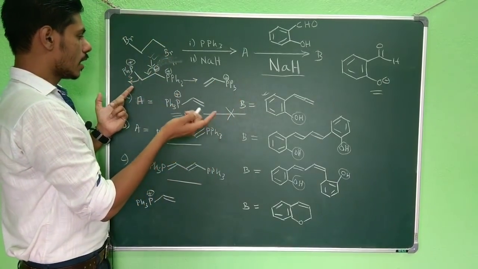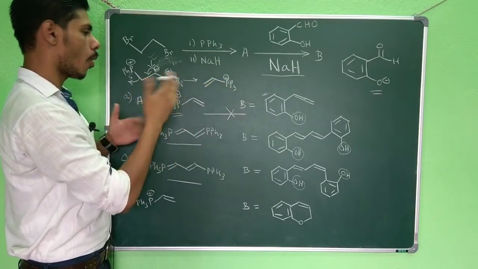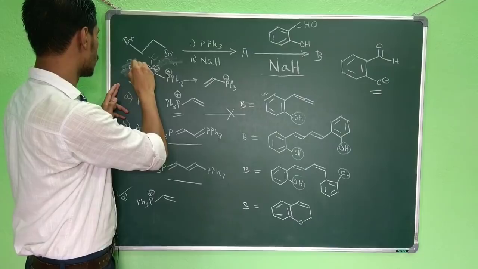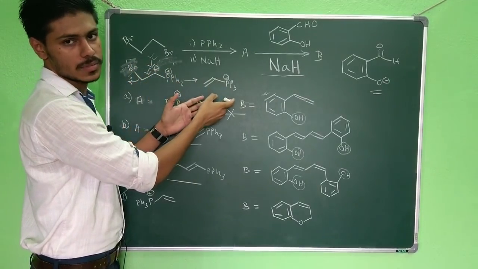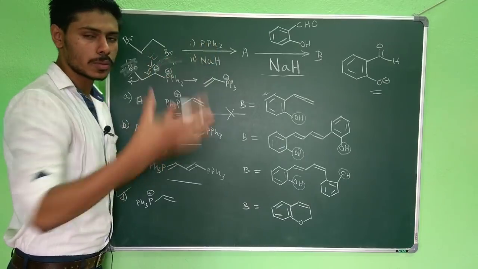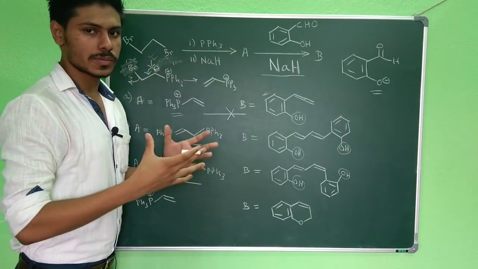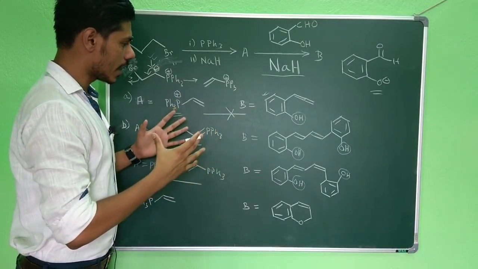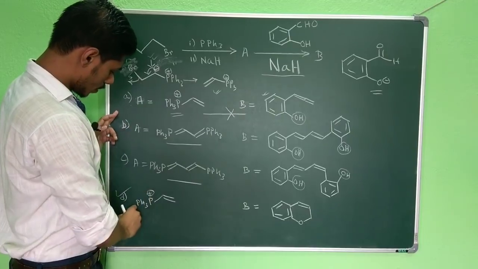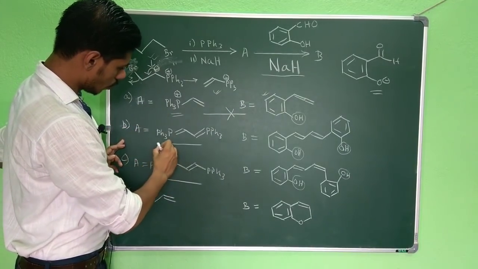So if two equivalents of triphenyl phosphine react, you will get this, or if one equivalent reacts and you have a bromine over here, you will get the same thing. As the equivalents of triphenyl phosphine are not mentioned, we may consider that two equivalents react, but at the end of the reaction we will get this one. So options A and D have this, but options B and C don't.